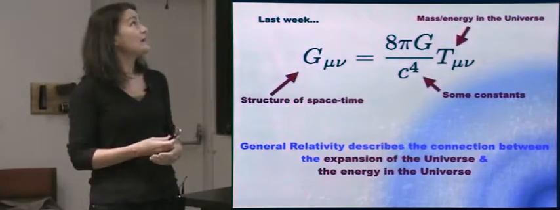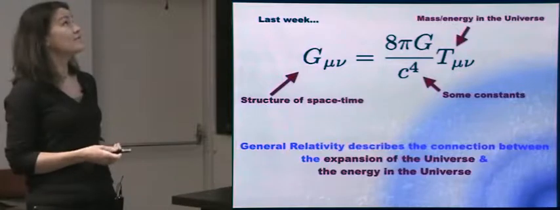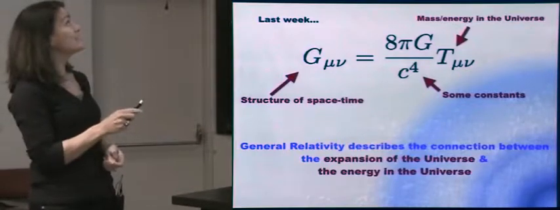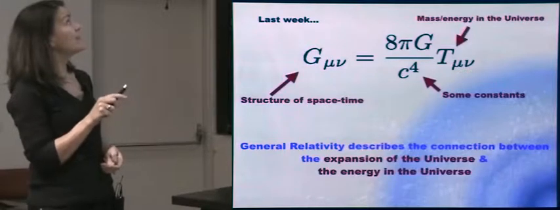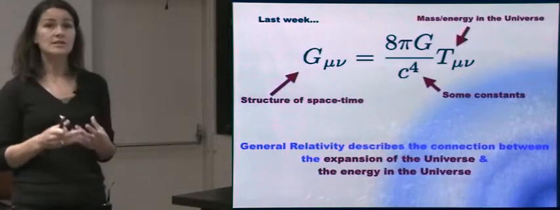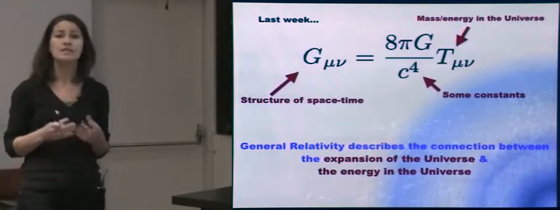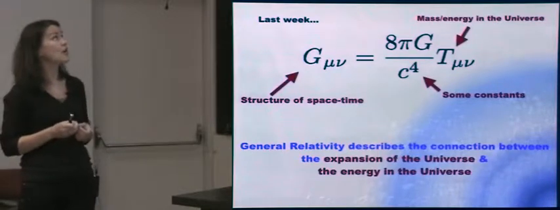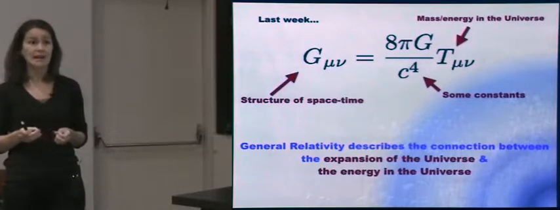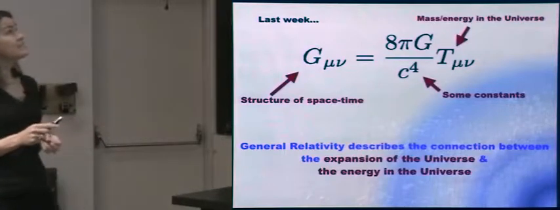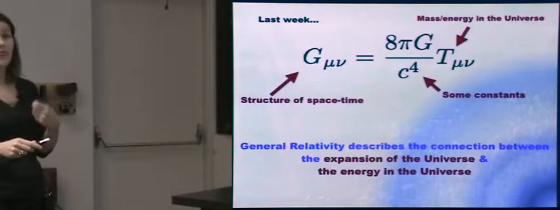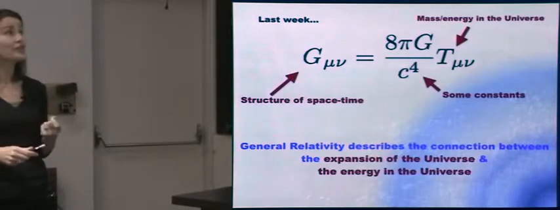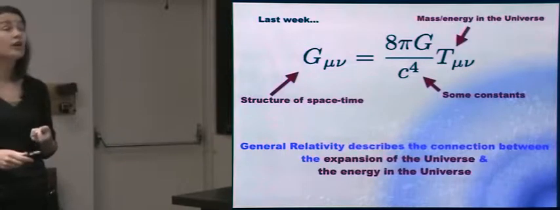So also last week I showed you Einstein's equation for general relativity. We didn't go into the detail of what these symbols mean, but you can really think about the left-hand side of the equation describing the structure of space-time. So the left-hand side of the equation describes the expansion of space itself. And Einstein's equation tells us that this equality sign is telling us that the expansion of space is really driven by all the things in the universe, all the matter and energy and pressure that's in the universe.